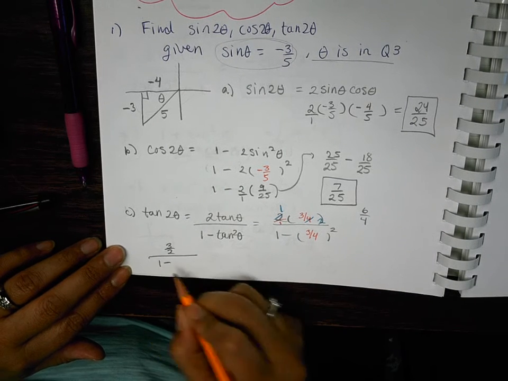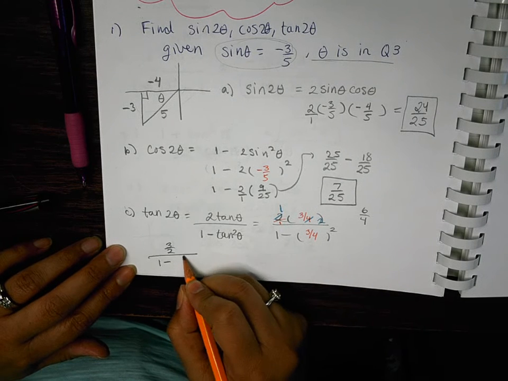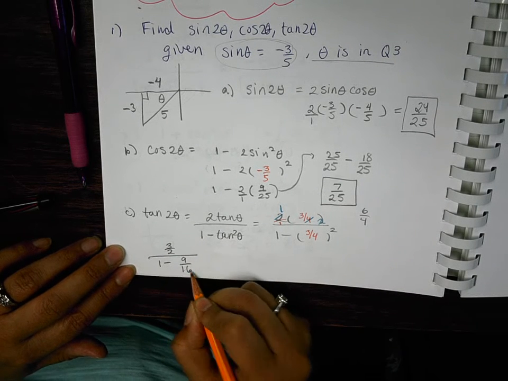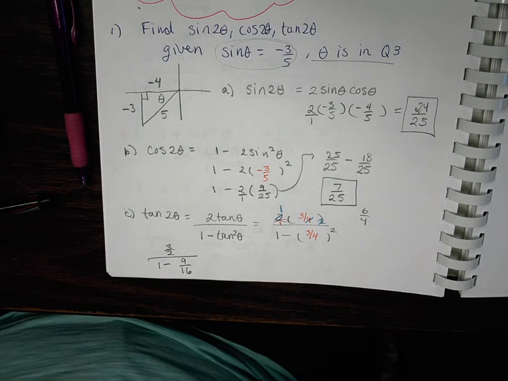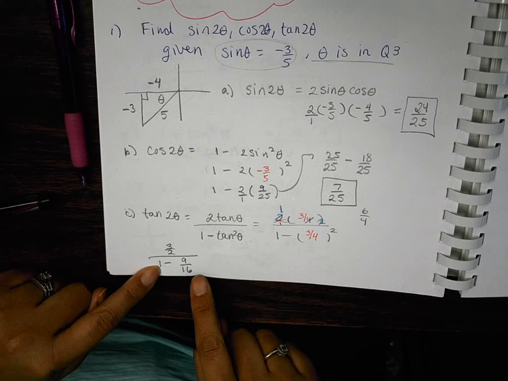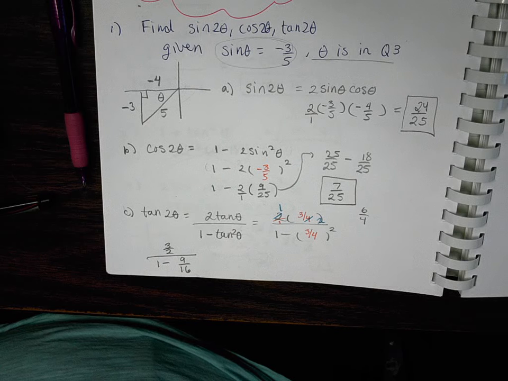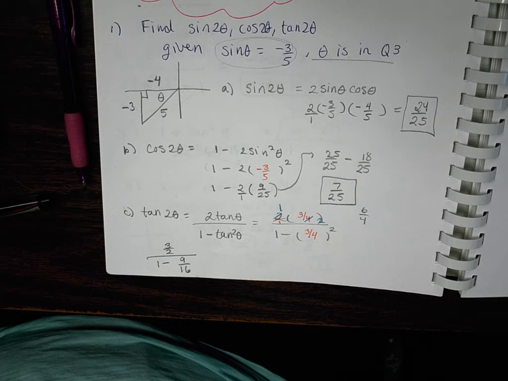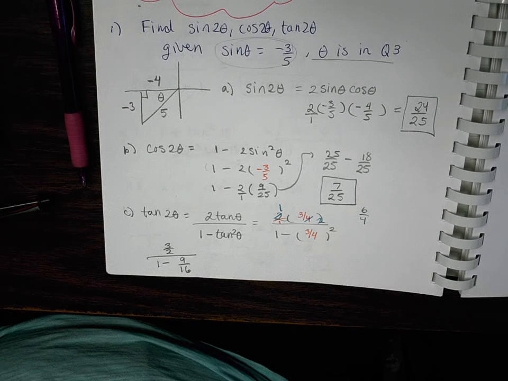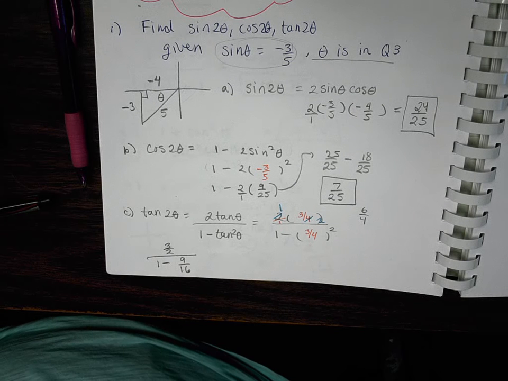1 minus 16, no, sorry, 9 over what? Okay, now, your choice. Common denominator, combine, and then multiply by the reciprocal, or do what we've been doing where we clear everything by multiplying by the common denominator. Clear the complex fraction or work with it individually.